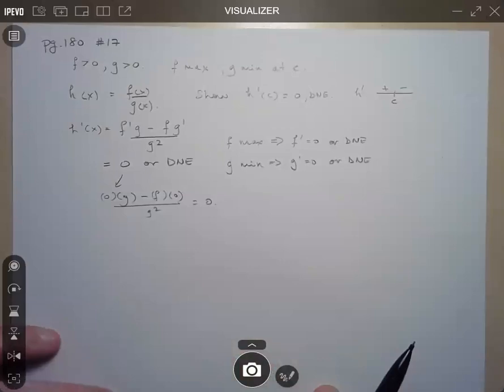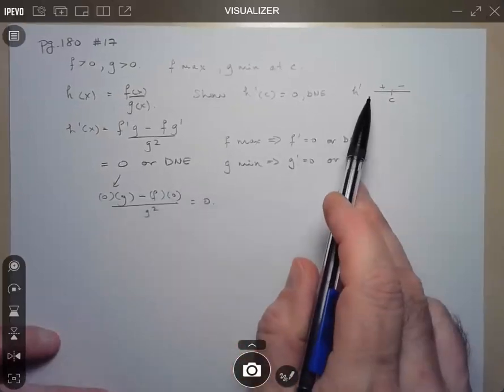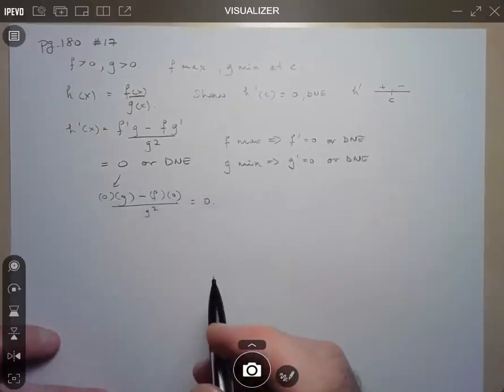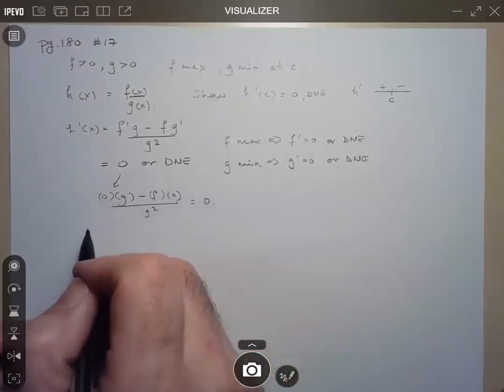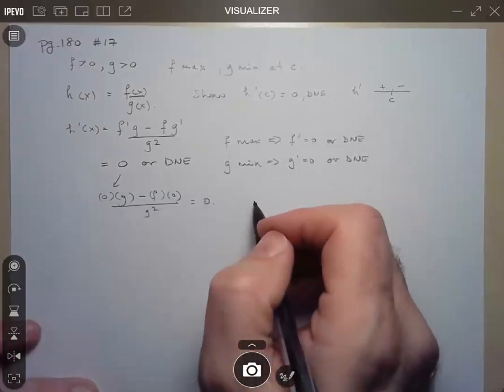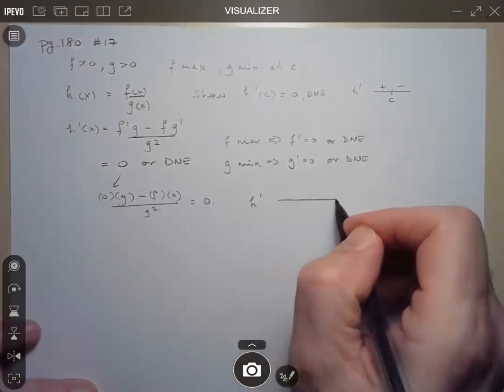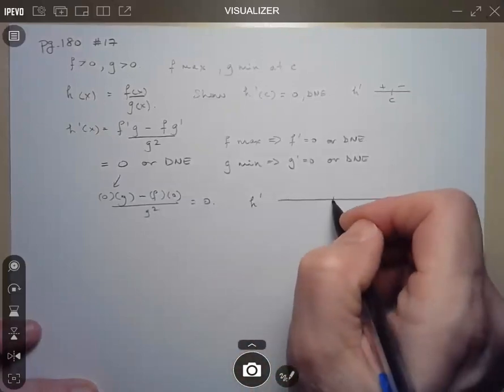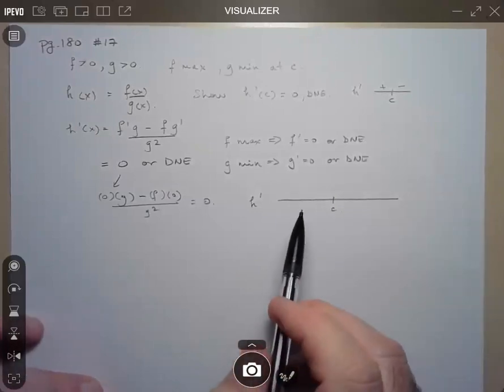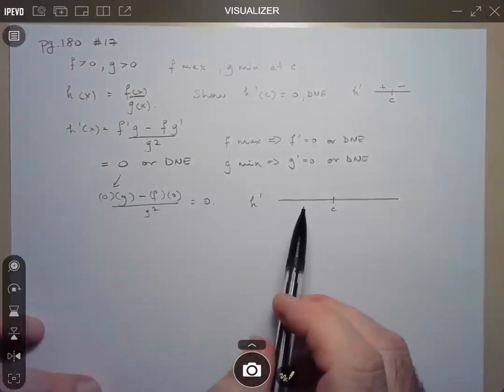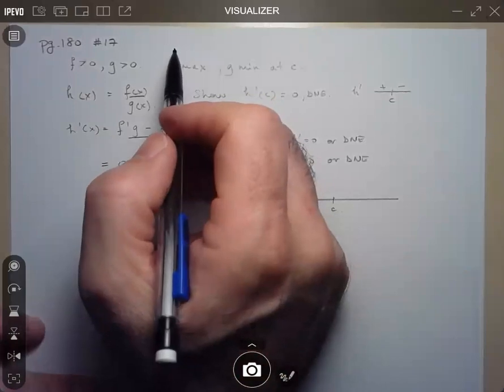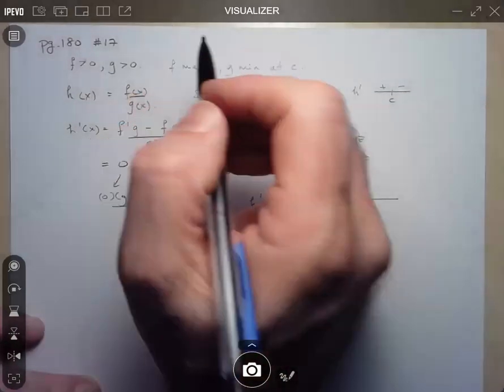All right. The next thing I have to do is show this change in sign. Okay, so I'm going to draw myself a number line for h prime. I'm going to give myself a lot of room because there's a lot of things going on. So let me look to the left of c. Well, here I'm going to go back to the fact that f has a max.